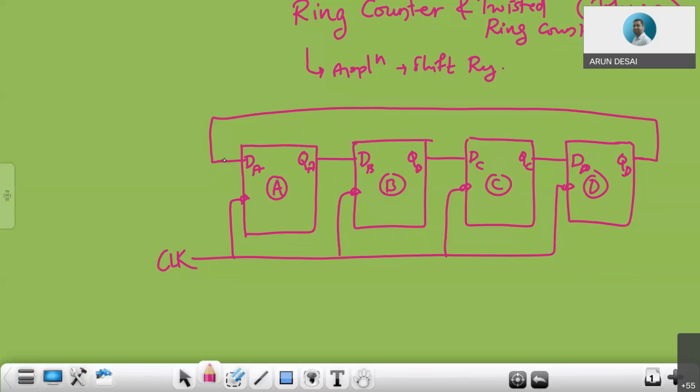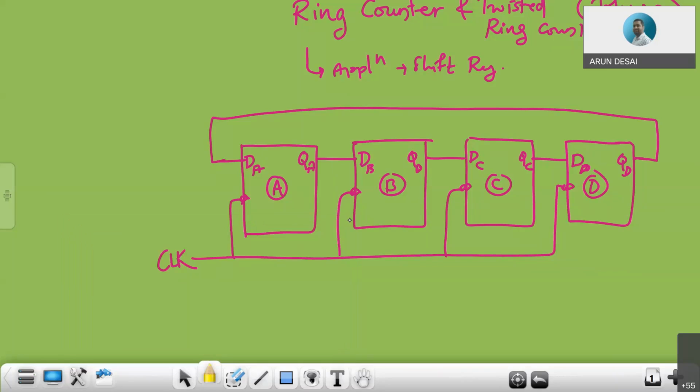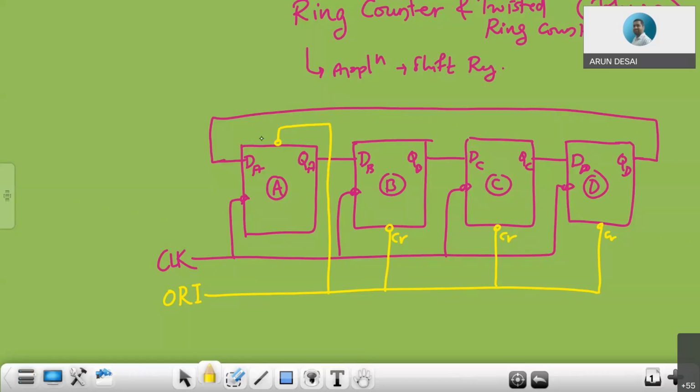And this flip-flop is set by using ORI, override inputs. Those override inputs are connected to the clear input, active low, and for the first flip-flop, it is connected to preset.